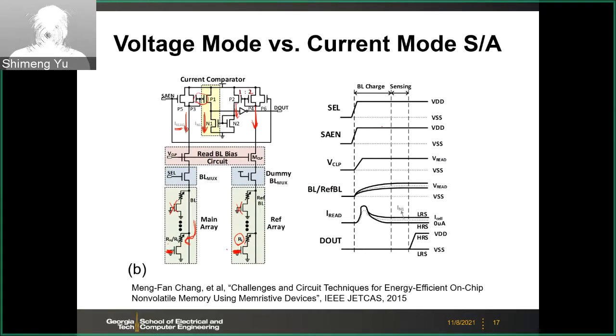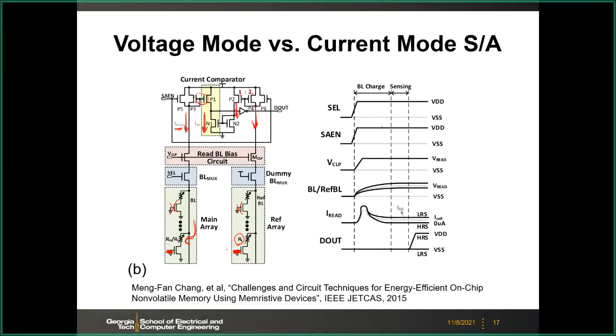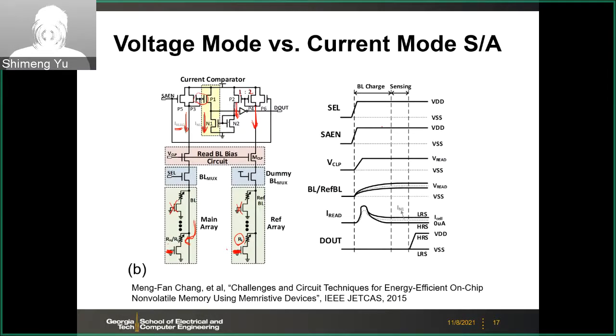So equivalently, you have half of the current from the reference cell. Anyway, you have those two currents, and those two currents will charge those two loads at different speeds. Then these two loads will have different voltages, high and low, and through this inverter, you will flip high and low as the output.